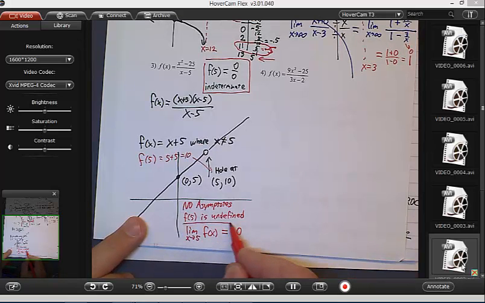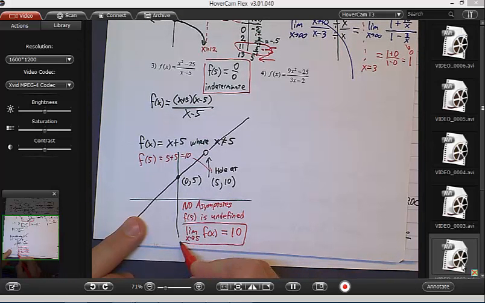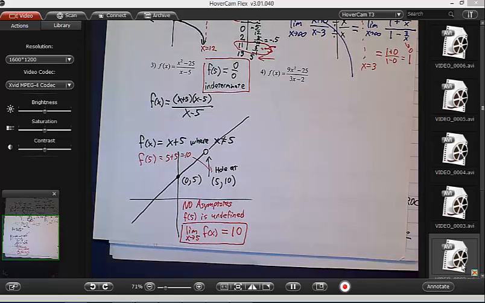And this is the idea that we're trying to understand, is limits. And I talked about left-hand limits and right-hand limits. And are you approaching the same point? Yeah, that's important. Otherwise the limit wouldn't exist. And this function is not continuous at x equals 5, because it's not defined there.